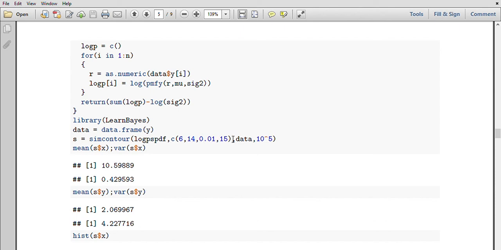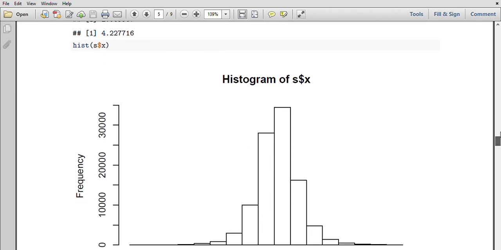So you can also try doing this. I am storing these values in s. We will get observations on mu stored in $x, and observations on sigma square stored in $y. We need not look at the variance, it is meaningless, but here I have already computed it, so let it be there.